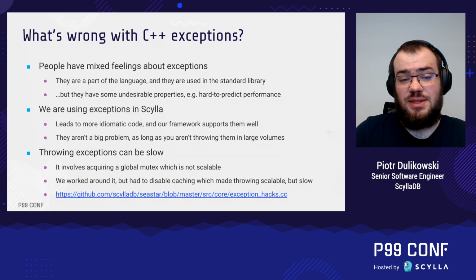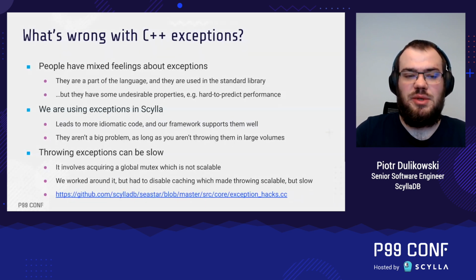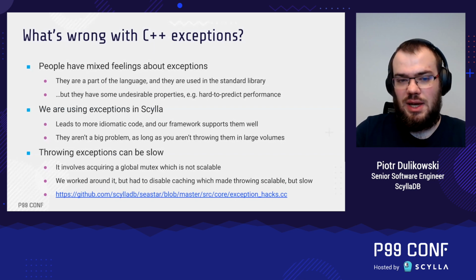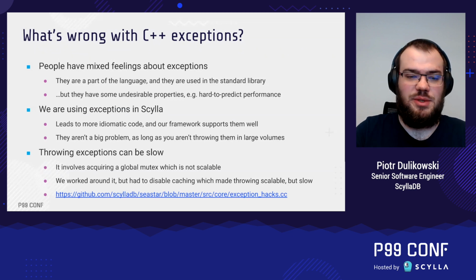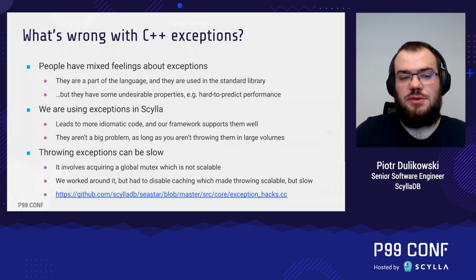However, ScyllaDB doesn't use any dynamic libraries, so we were able to disable the mutex using some clever workarounds. However, as a side effect, we also disabled a global cache, which speeds up the process of throwing exceptions. In the end, it was a positive result for us because although exceptions were slow to throw, they became scalable.